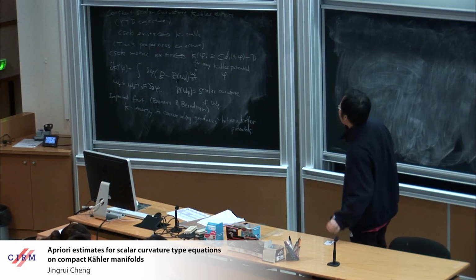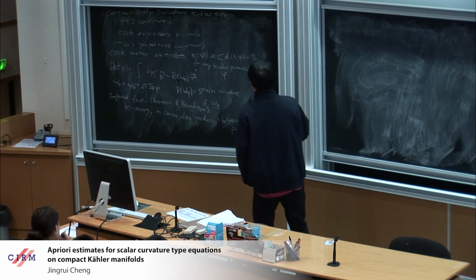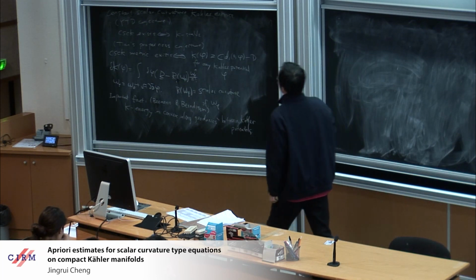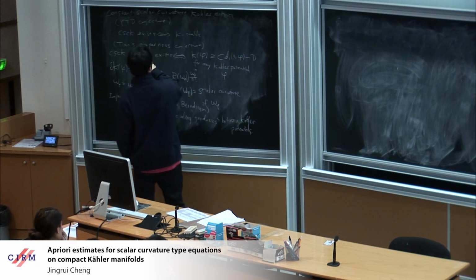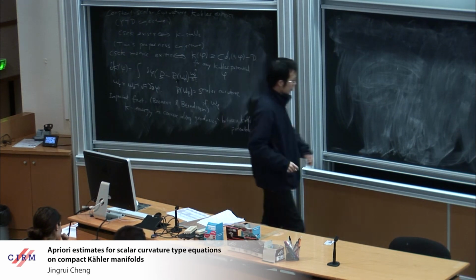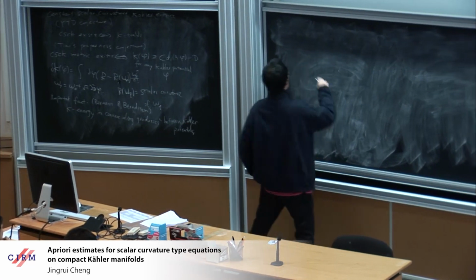About the previous works, one direction is already known: the direction where existence of this metric implies properness has been known before.